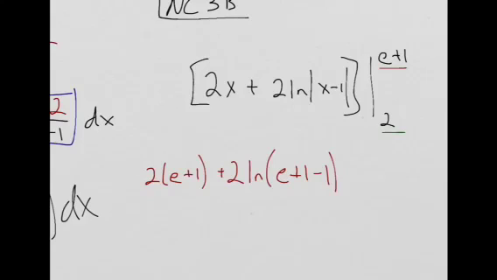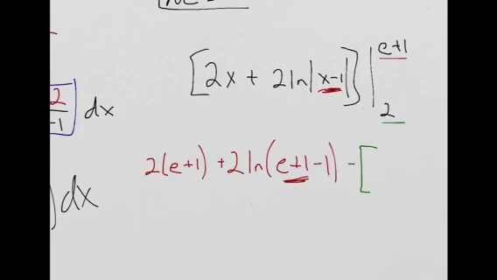Sorry, this right here is my x value, and then it's minus 1. And then I get in green minus, and I'll put a set of brackets.